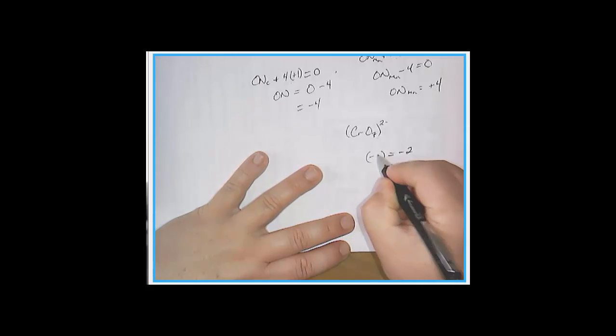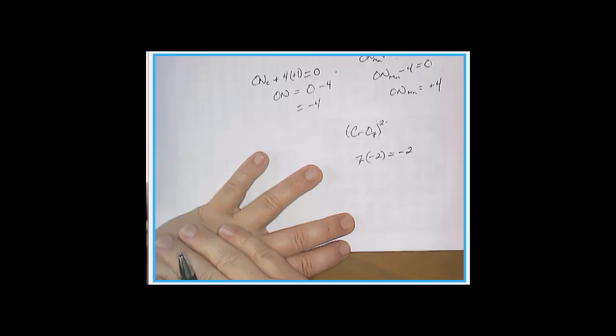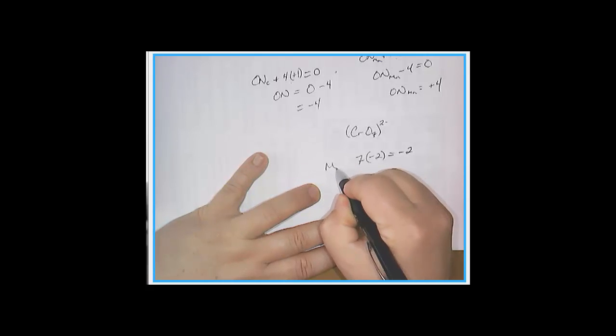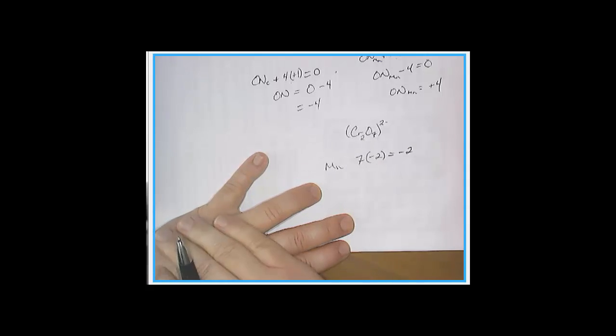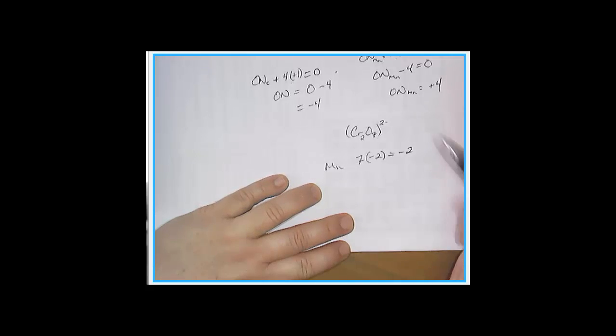Oxygen once again gets a -2, but this time there are 7 oxygens. Oh, forgot my 2 in dichromate. Looks like it's giving me trouble too. Okay, so dichromate is Cr2O7 with a 2 negative charge on it.